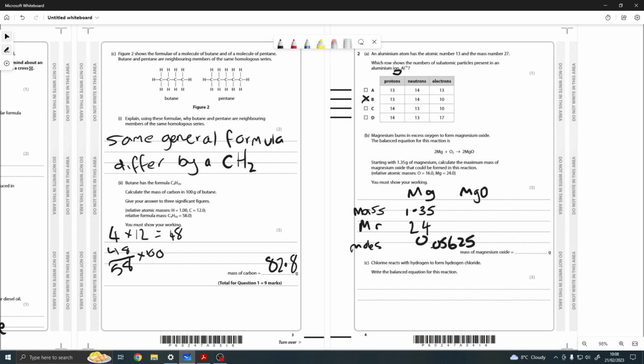Now I've written this all the way along, but it doesn't matter, because this is 2 and this is 2, which means 0.05625 moles of this will form 0.05625 moles of magnesium oxide. Now, all I then need to do is multiply that by 40 to get my answer.